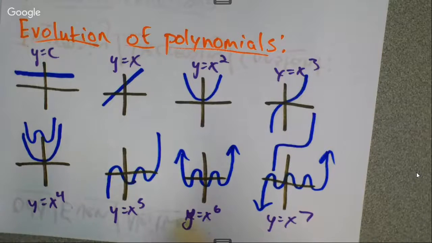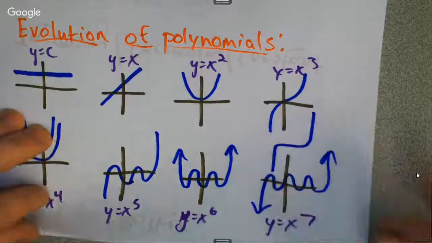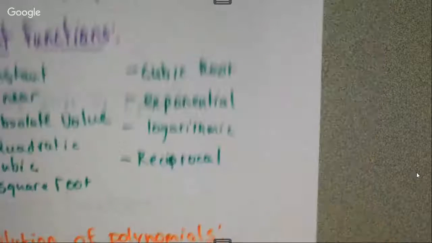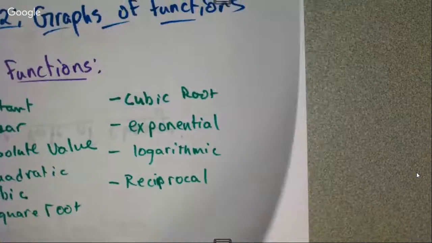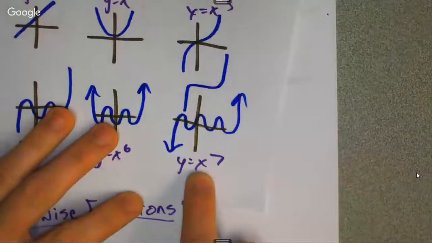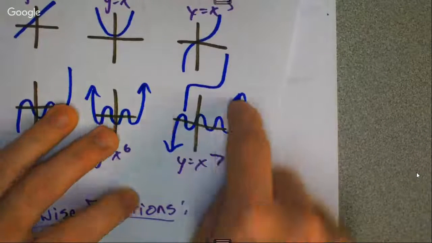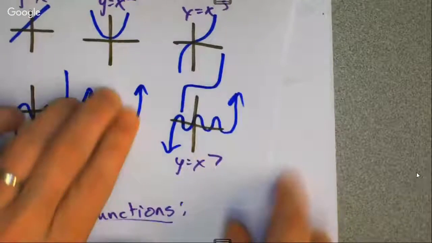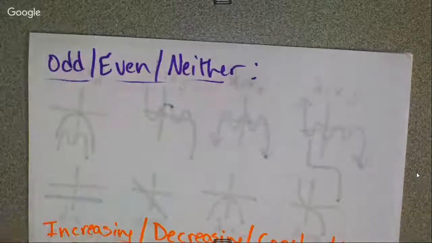And that's something you would have discussed in your Algebra 2 class. So I just wanted to reiterate how that works out. So if I give you like x to the 11th, you should know that no matter what, the ends are pointing in opposite directions.